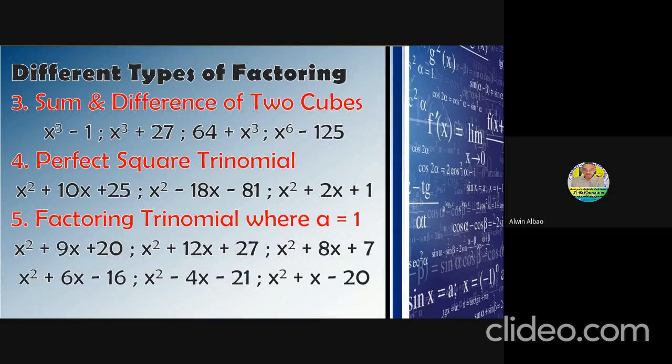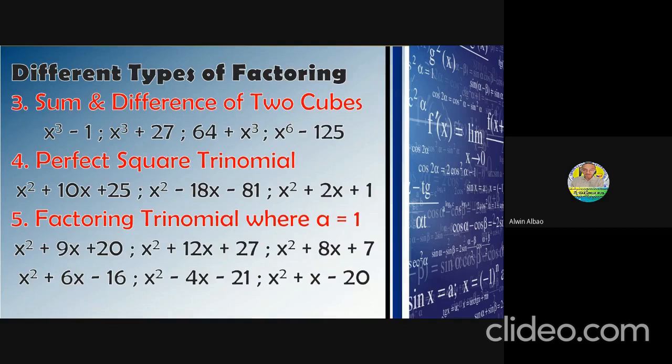We also have x squared plus 6x minus 16, x squared minus 4x minus 21, and x squared plus x minus 20. In this case, yung last term naman natin ay negative. So, anong gagawin nyo sa factor? Kukunin nyo yung subtraction niyan or yung difference ng factor nila at kailangan yung lalabas yung nasa middle term.